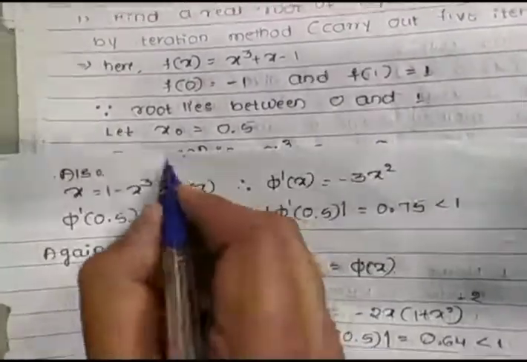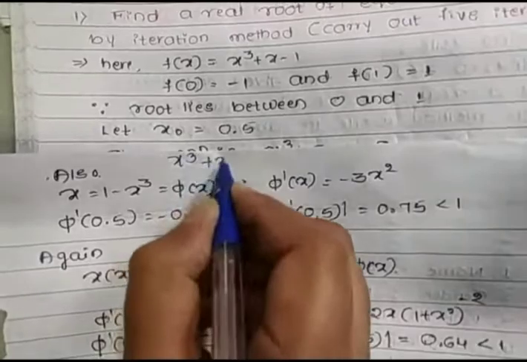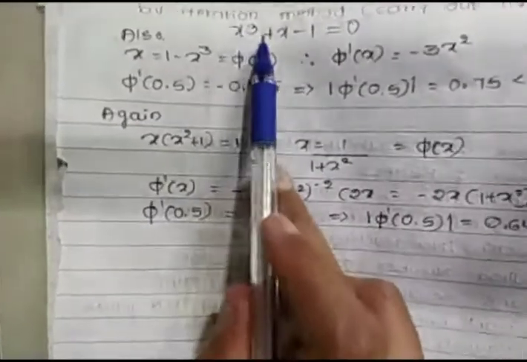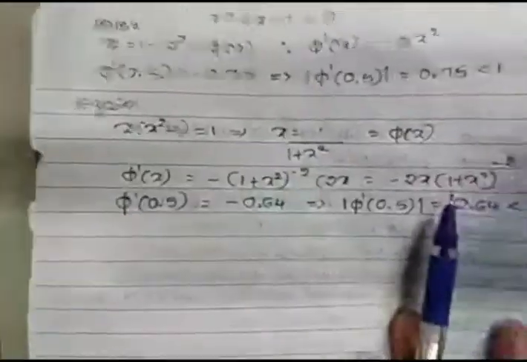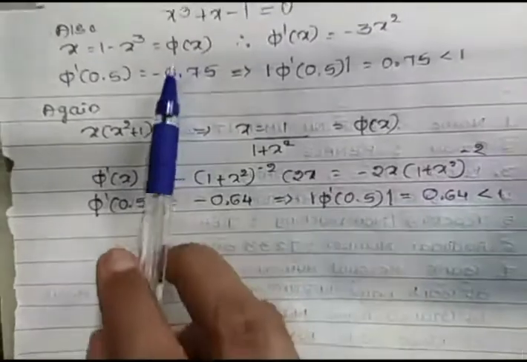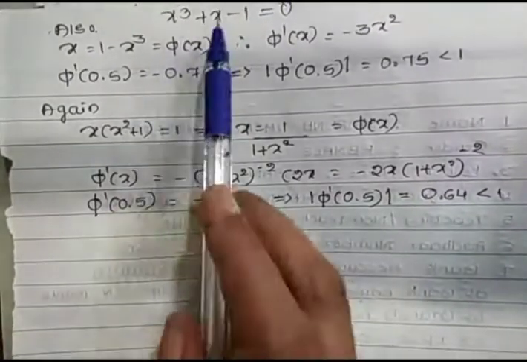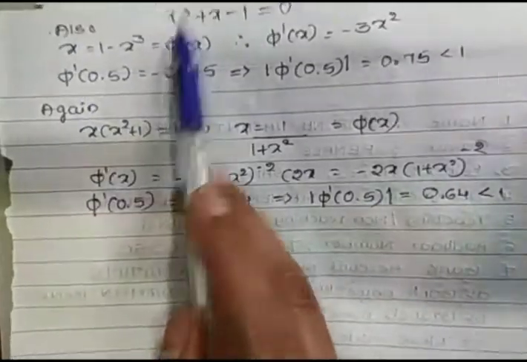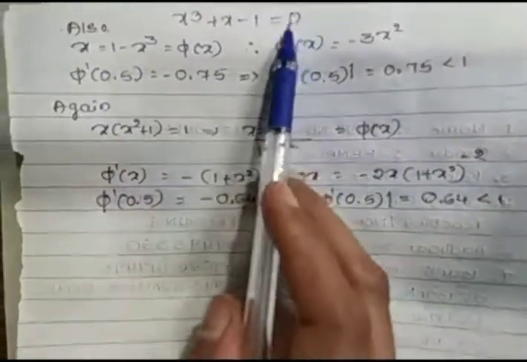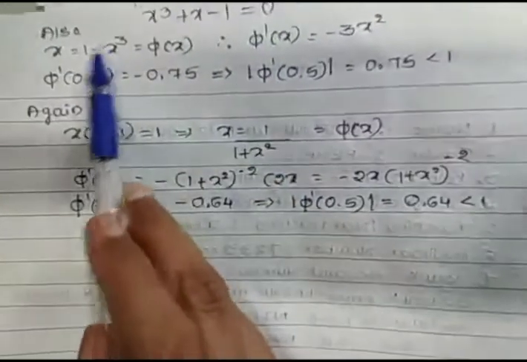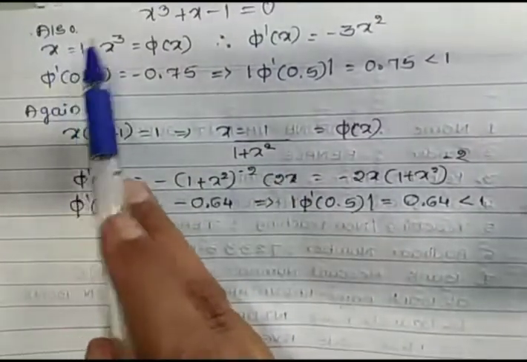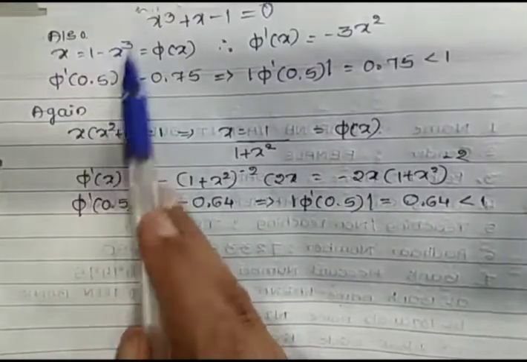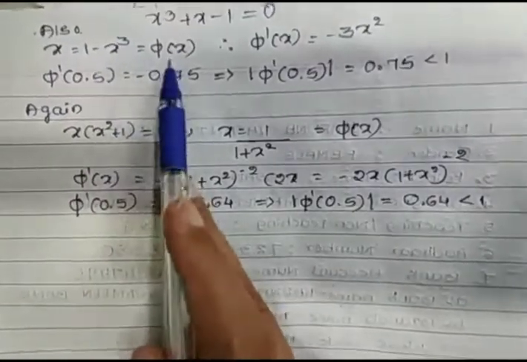See, the equation is x cube plus x minus 1 is equal to 0. Even then we can convert it by two different methods. Suppose I keep x as it is and take x cube and minus 1 to the right side of the equation, then the equation will be x is equal to 1 minus x cube. So this you can consider as your phi of x.